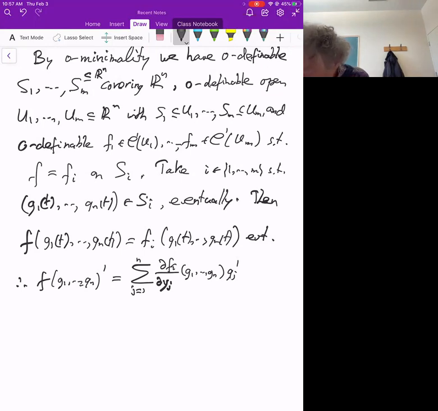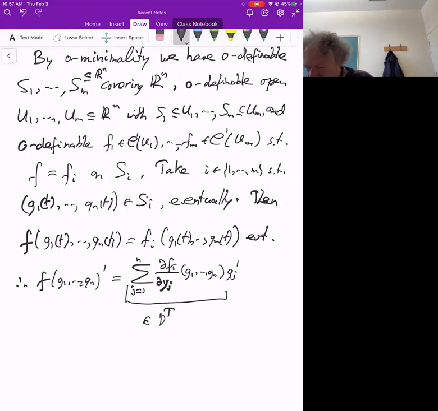But this is now the partials of the Fi with respect to yj are again zero definable functions. Well, they might not be totally defined, but you can always extend it to a zero definable function which is totally defined. And then we know that this is therefore an element of dt.